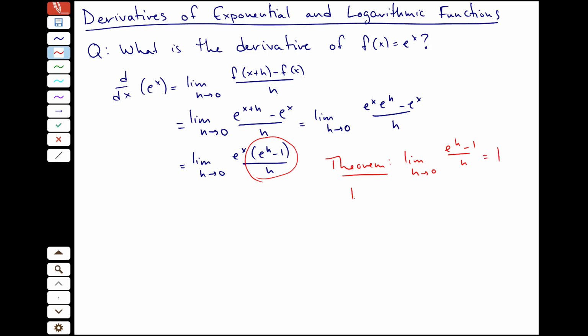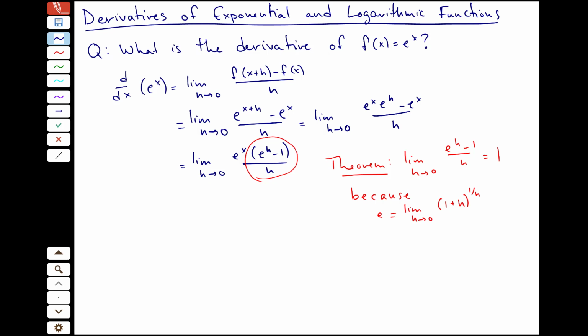And this is because e is defined as the limit as h goes to 0 of 1 plus h to the 1 over h. So this theorem is a direct result of this definition of e. And if you don't remember how that works, go watch my previous video.